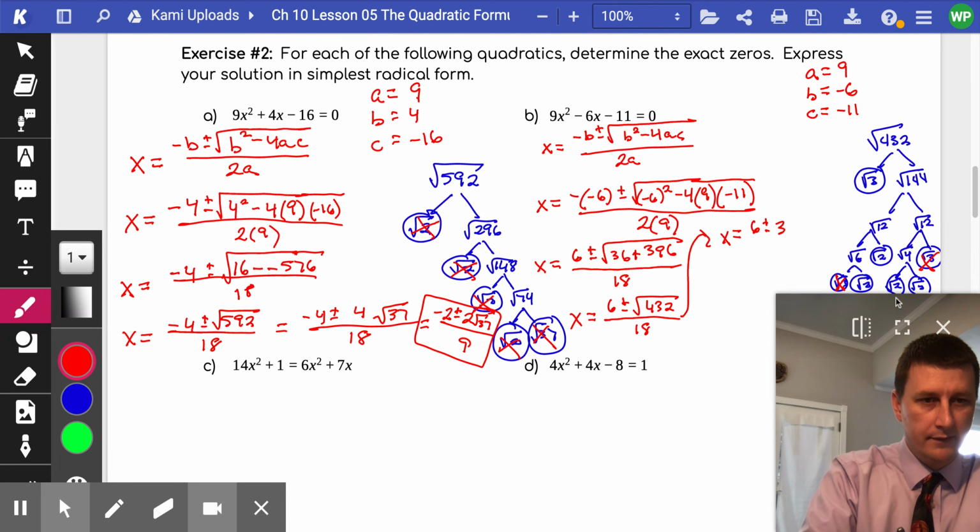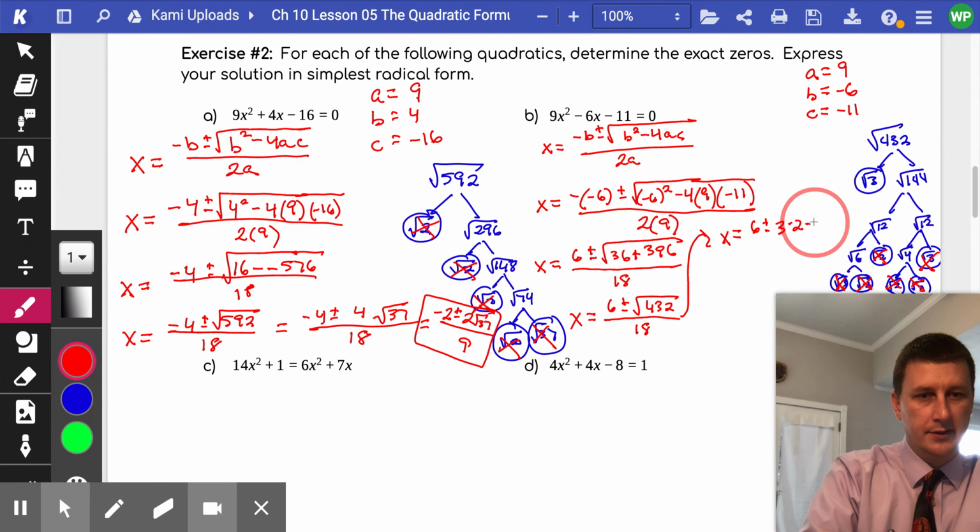I have a pair of 2s, so I'll cross off 2 2s, and I'll write a 2 on the outside. I have another pair of 2s, so I'll cross off 2 more 2s, and I'll write another 2 on the outside. And then I have a single 3 up here, so I'll cross off that single 3 and write the single 3 inside the radical. And again, this is all over 18.